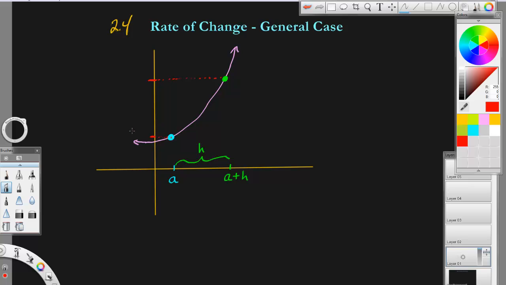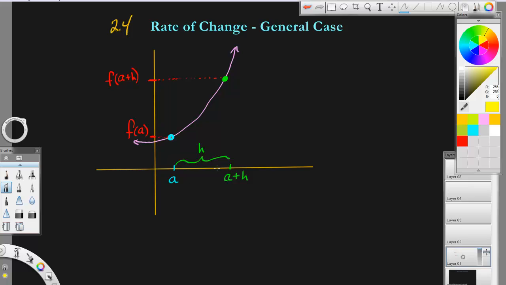And the way we do that in calculus, or in algebra even, is this would be f of a. Okay? So that's f of a. That's the y value when the value of a is evaluated. And up here, this would be f of this point, which is a plus h, f of a plus h. Now, this does have to do with the slope of this secant line again, but let's look at the difference of the two things here.